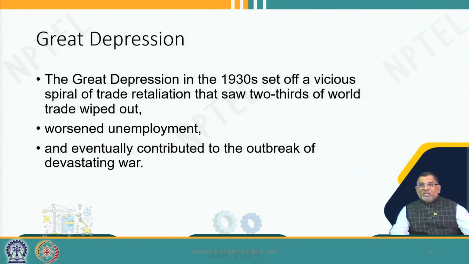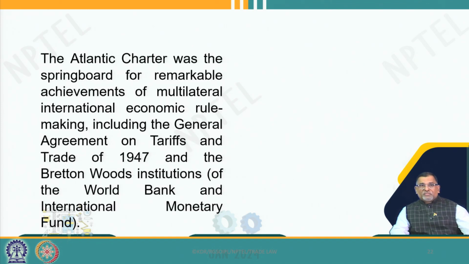So, what we want to say is that the economic crisis greatly affected the countries, and the Second World War especially worsened the economic scenario in all the countries, and unemployment also contributed. This unemployment and economic crisis contributed to the outbreak of the devastating Second World War.